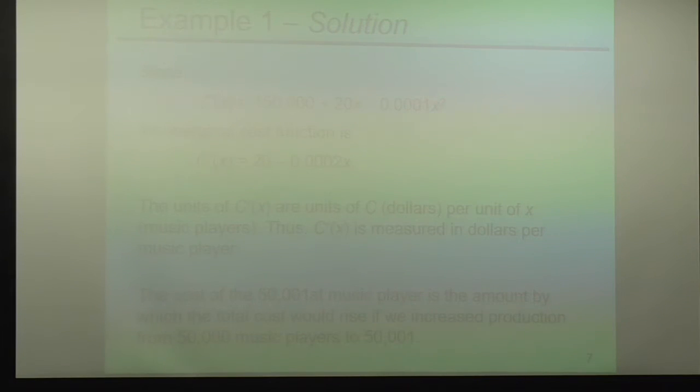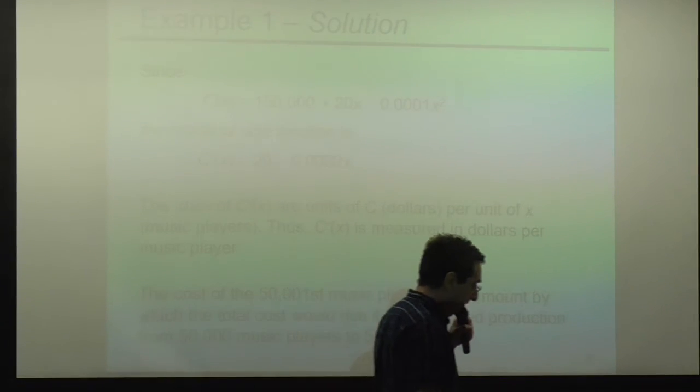So let's say I want to know what's the cost of the 11th item. So if I want to know that, how do I figure that? What does that mean? The cost of the 11th item.